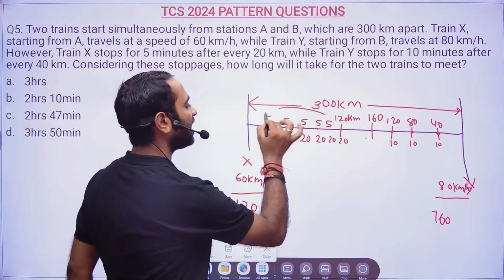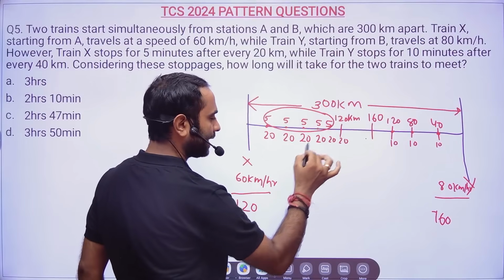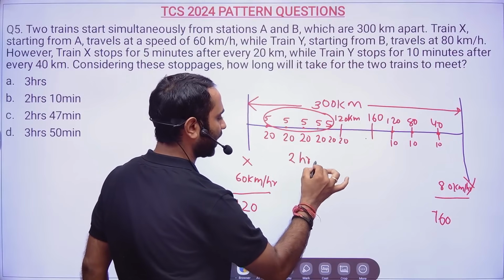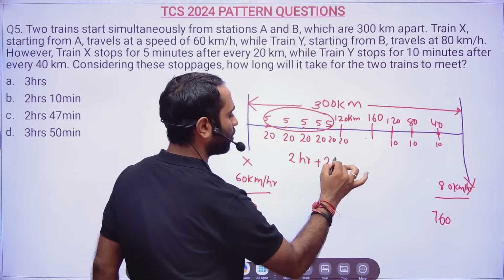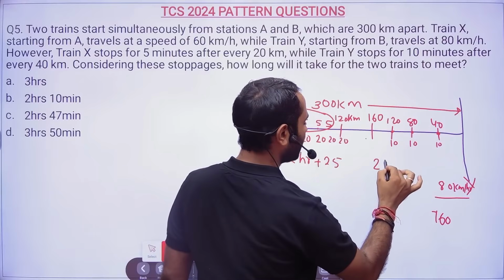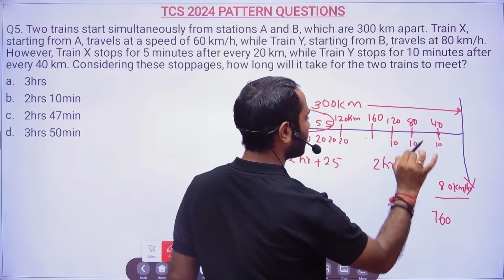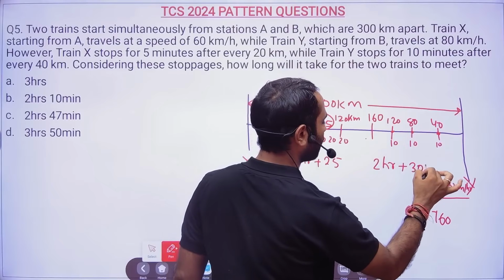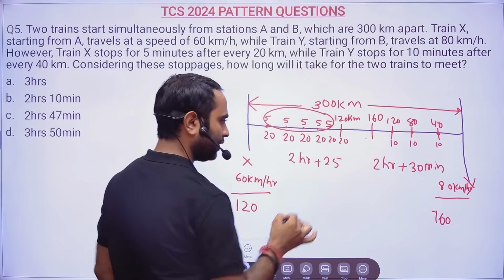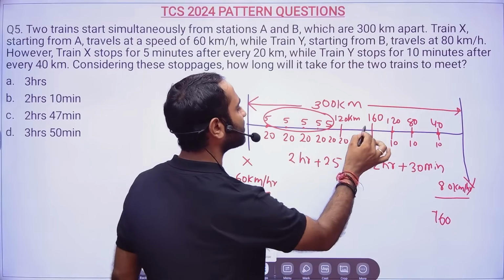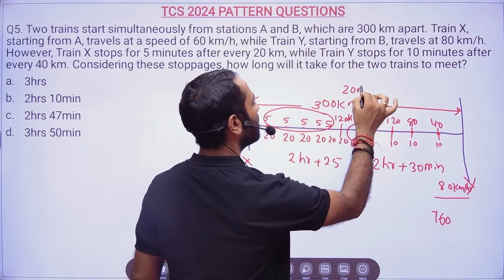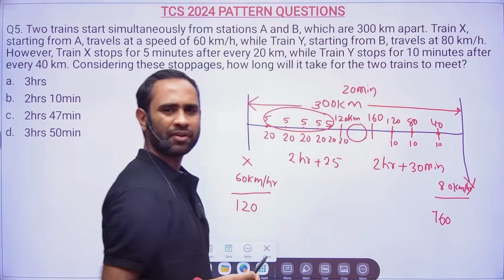If we see here, for covering 120 kilometers it should take 2 hours, but now it is taking 30 minutes more. The remaining distance is nothing but 20 kilometers. For that 20 kilometers, how much time will it take?